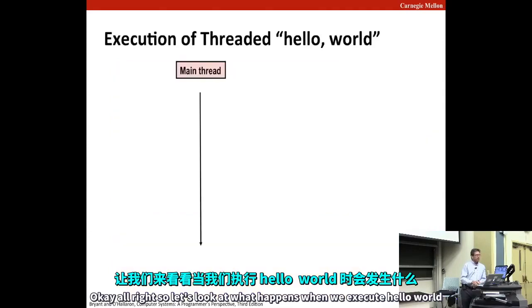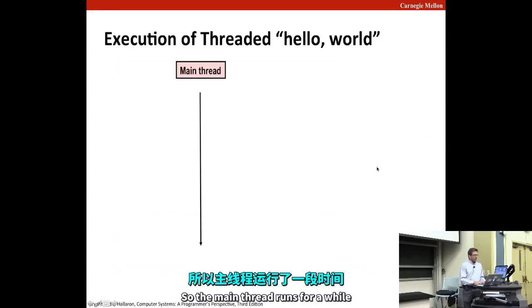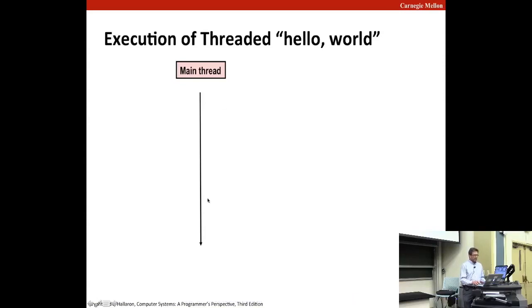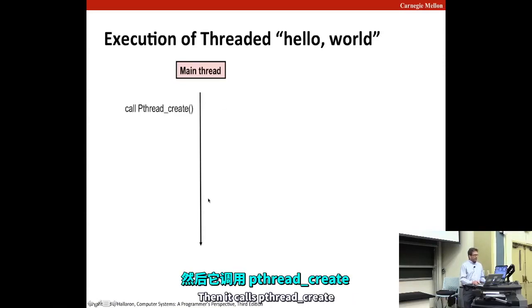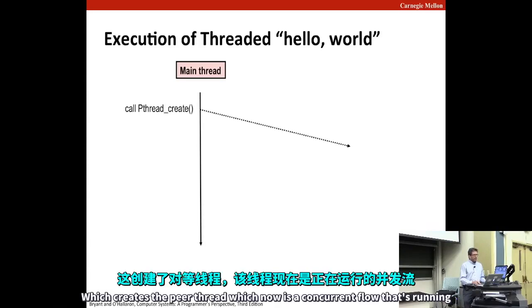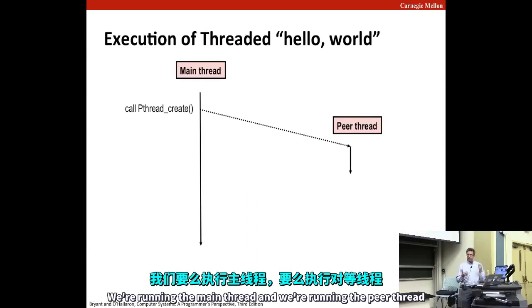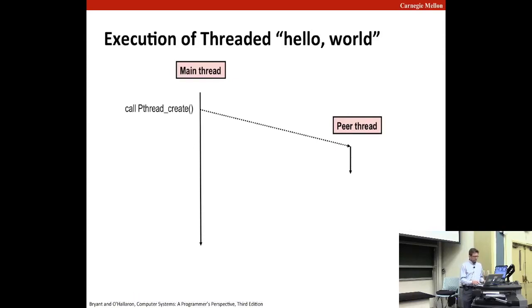Let's look at what happens when we execute hello world. The main thread runs for a while, then it calls pthread_create, which creates the peer thread, which is now a concurrent flow that's running once pthread_create returns. Then we're running two concurrent flows: the main thread and the peer thread.